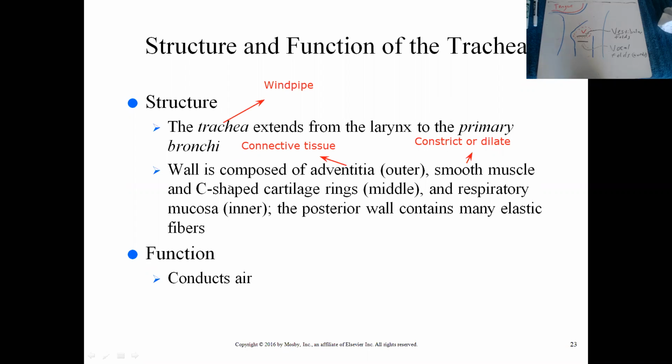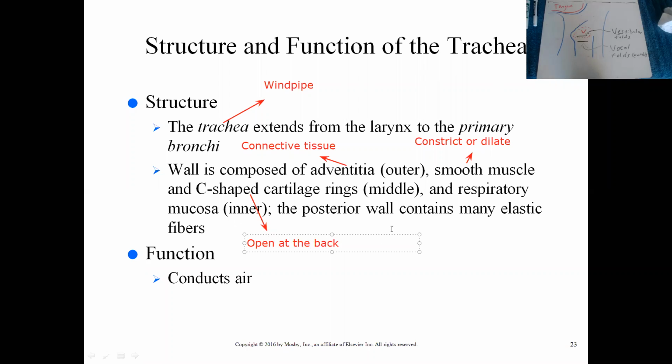There are also C-shaped cartilage rings, sometimes called C-rings. These C-rings help keep the trachea open, as well as give it some structural integrity. They're called C-shaped or C-rings because the C-rings are open at the back.